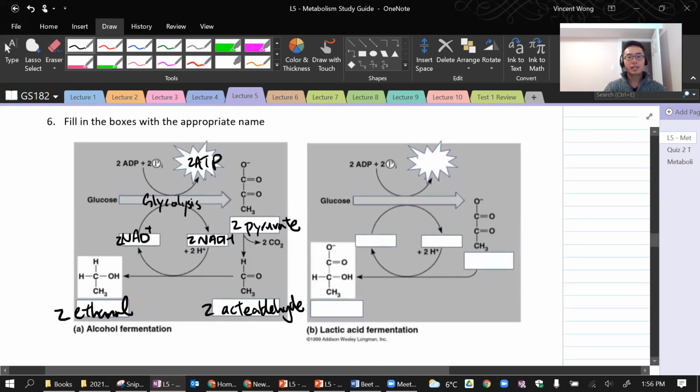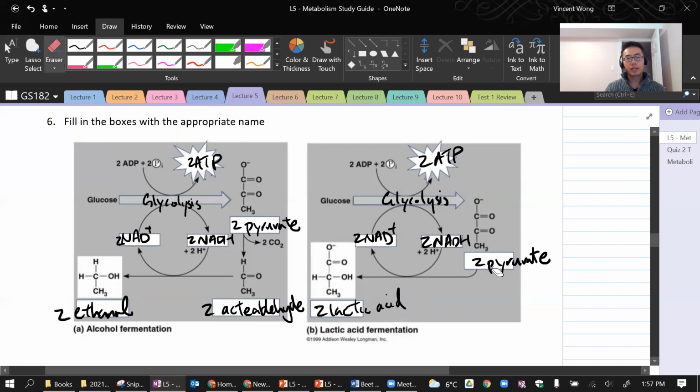In humans, it's quite similar. Okay, so glycolysis, and then 2 NAD plus, 2 NADH. And then you will get the 2 pyruvate, right? Now, the pyruvate will become 2 lactic acid.